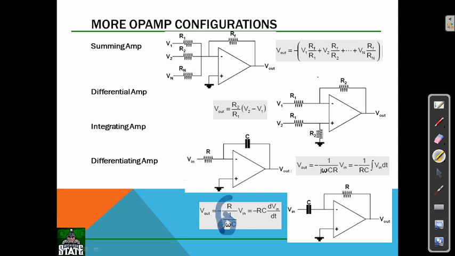So this equation becomes negative RC times the differentiation of the input voltage, dV in by dt. That is called the differentiating amplifier. Thank you.